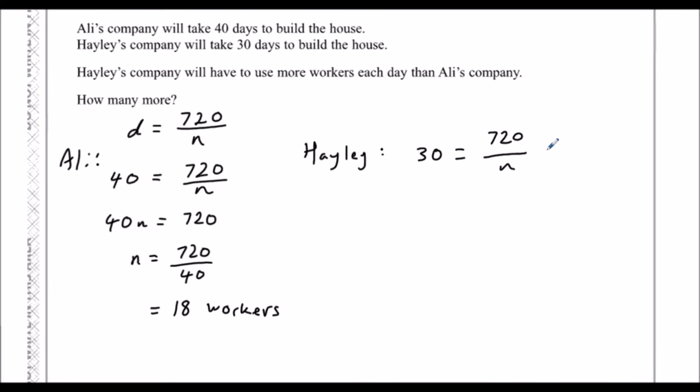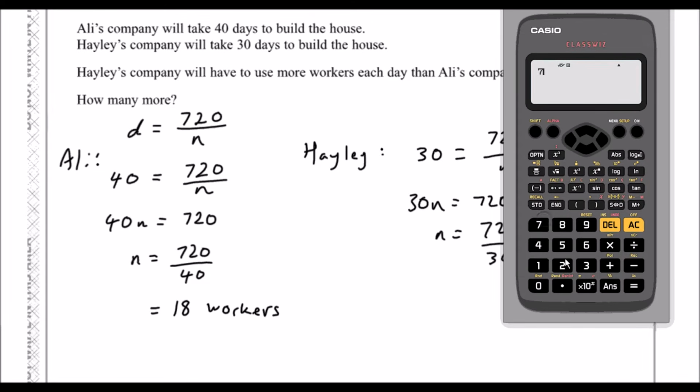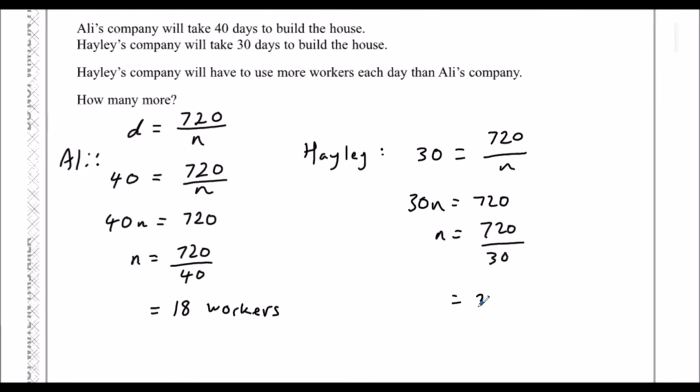So times both sides by N, and then divide both sides by 30. 720 over 30 is 24. So 24 workers.